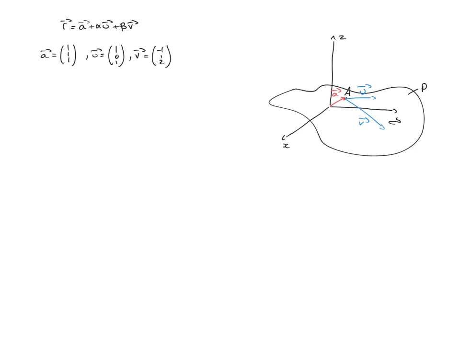So that could be 2u plus 3v, or negative u plus 0v, or negative 4u plus 25v. Doesn't matter. Any point on this plane P can be reached by going up to point A on the plane and then considering a linear combination of the two vectors u and v.